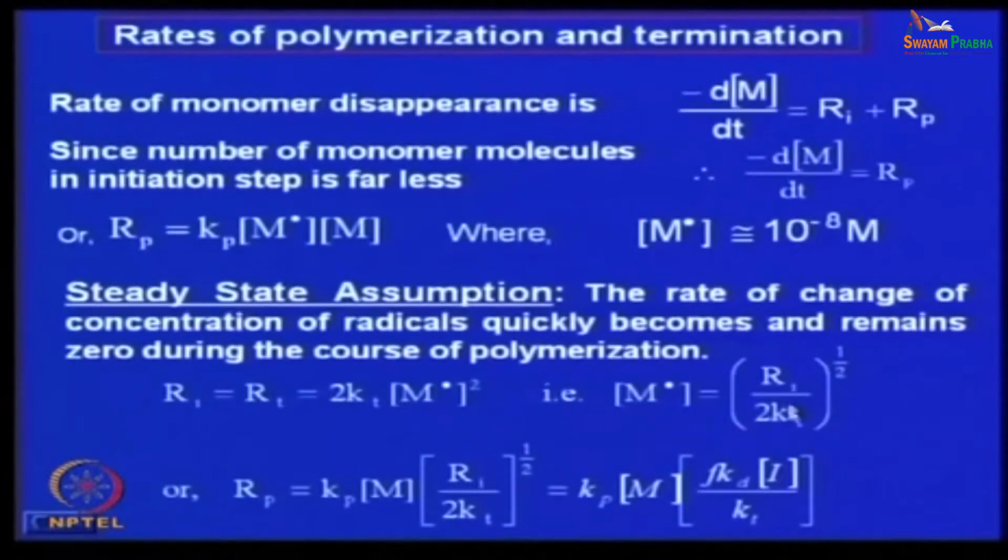And since R I is equal to twice F k d I, after substituting this growing chain radical concentration in this equation, you can get this expression, where this efficiency factor has been included in the rate equation.